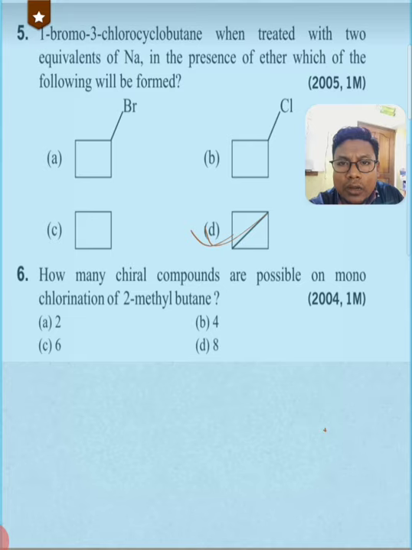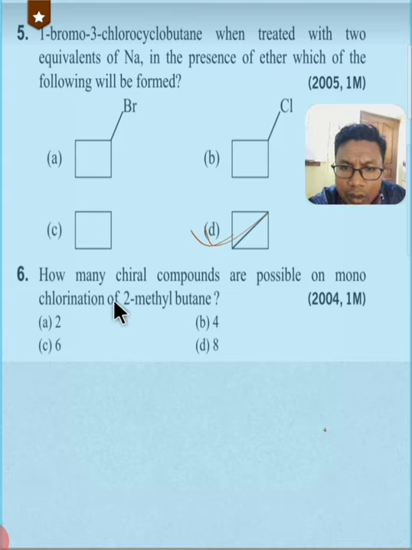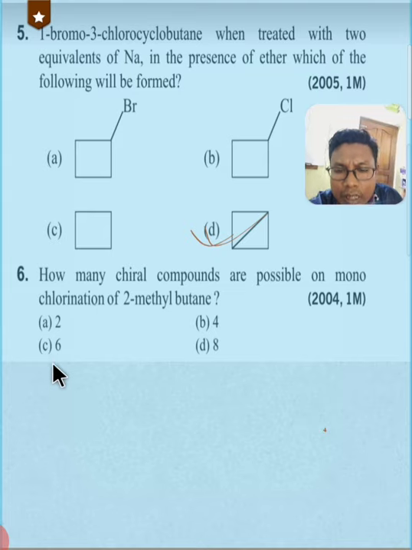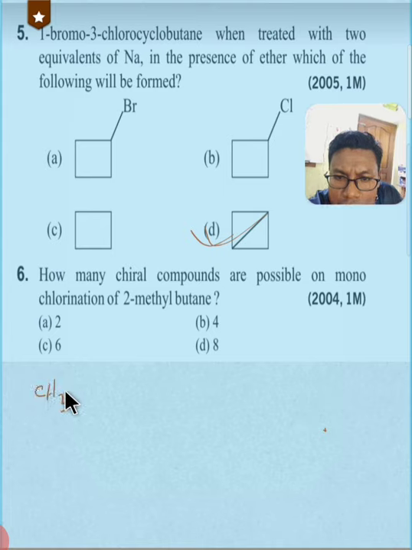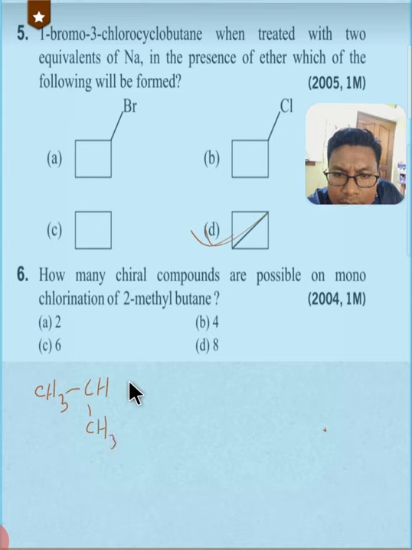Now this is the question: how many chiral compounds are possible on monochlorination of 2-methyl-butane? Now let me draw 2-methyl-butane. This is 2-methyl, this is the second carbon atom, and this is our butane.